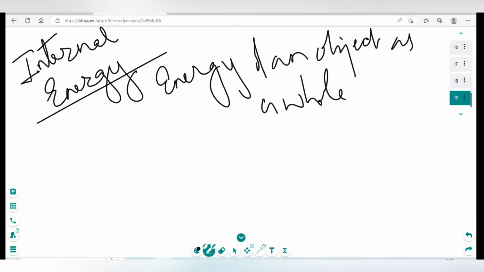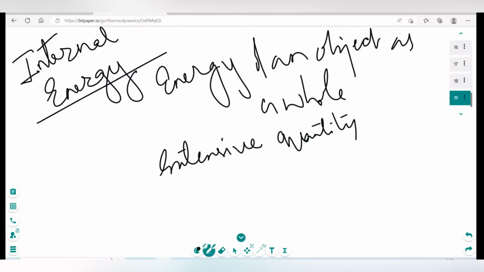It is an extensive quantity. That means mass, volume, it has some size. That is why it is an extensive quantity. One more question: internal energy is an extensive quantity, true or false?